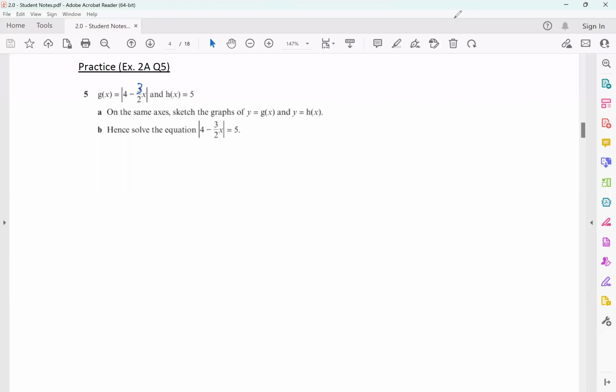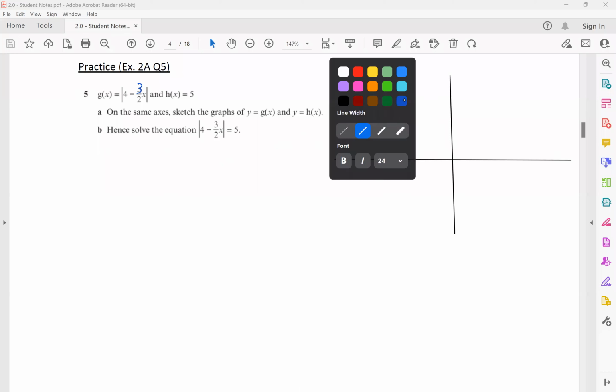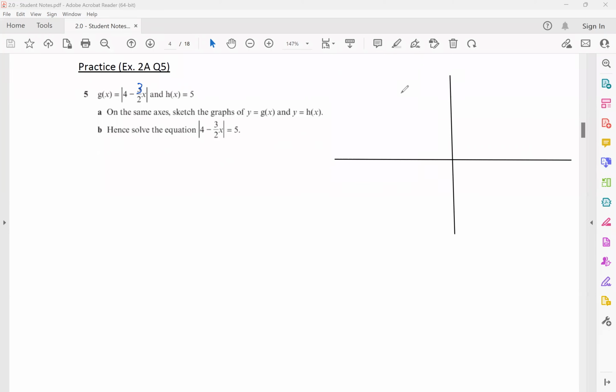Right, here we go. So on the same axis, so let's draw in a pair of axes. Let me use black for the axes. Right, so your answer should be like this. When y is 0, that's 8/3.